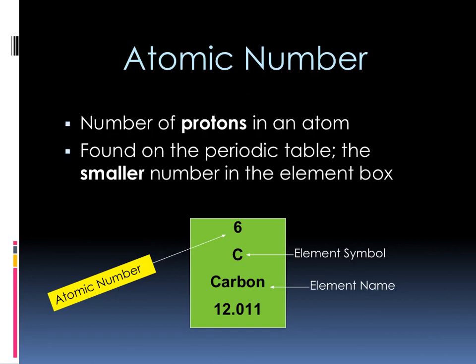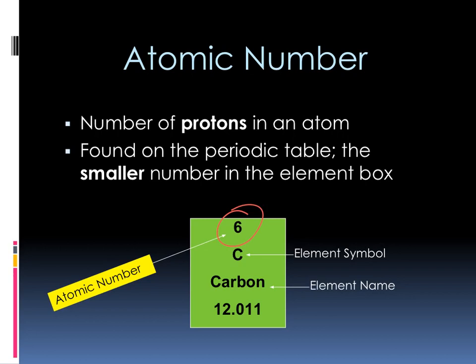So in reading the periodic table, generally most periodic tables are going to have an element symbol, the element name, the atomic number, and another number, which is the average atomic mass. In this particular case, we're just looking at atomic number, which is the number of protons. It is always going to be the smaller number in the box. For carbon, it is 6, okay? Now, when we talk about mass, remember I told you a few moments ago that mass is the protons and the neutrons combined.